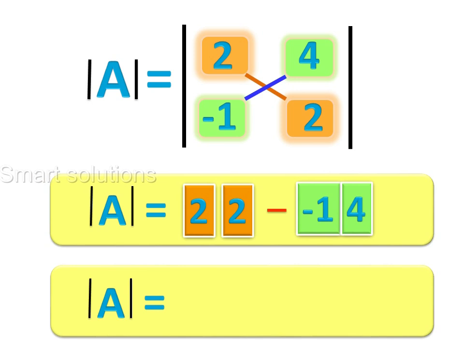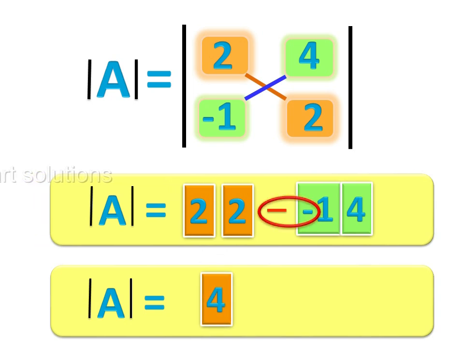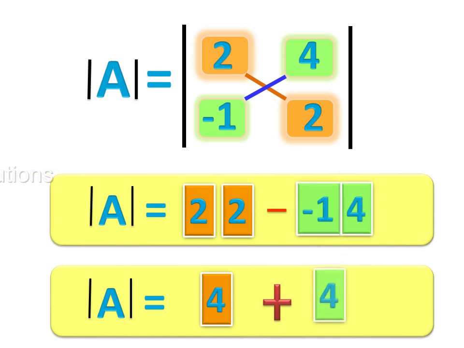This is equal to 4. Minus into minus becomes plus 4. So, determinant of matrix A is equal to 8.